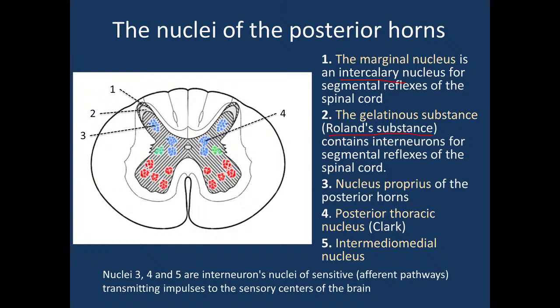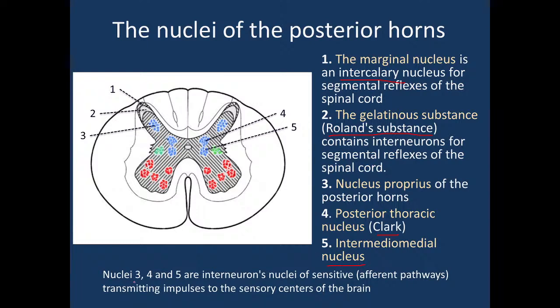The fourth is the posterior thoracic nucleus, named after Clarke, the Clarke nucleus. And the fifth is the intermediomedial nucleus.